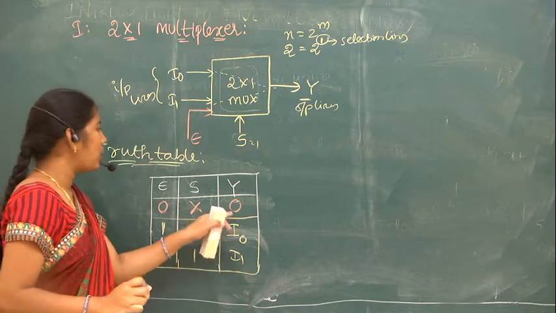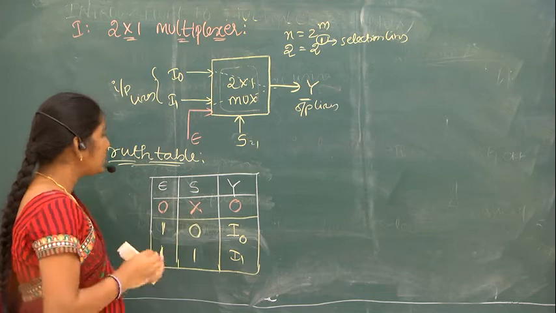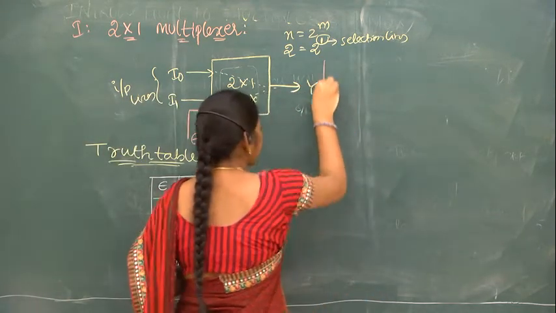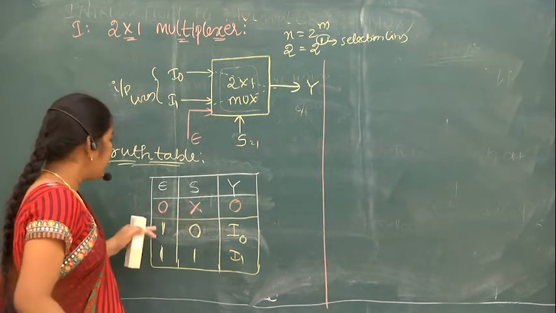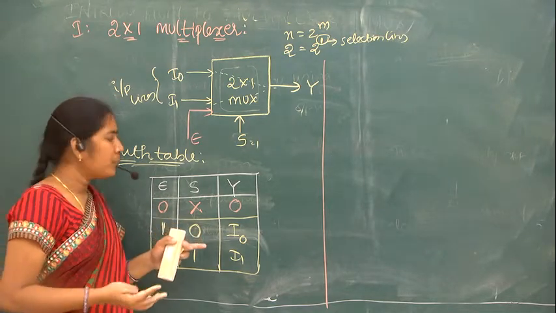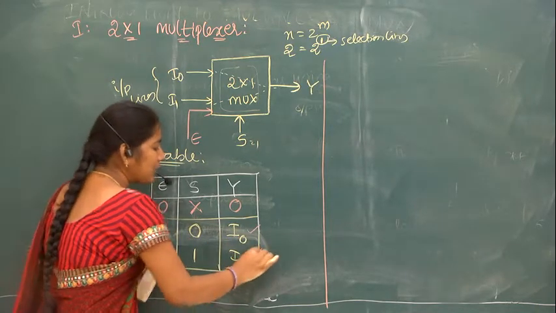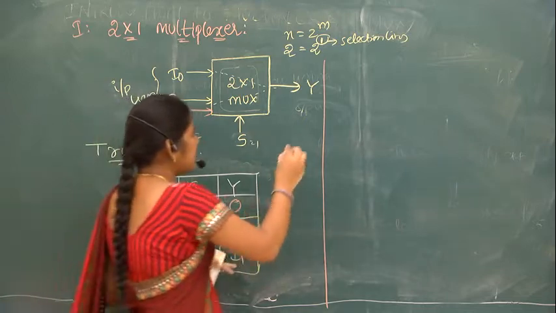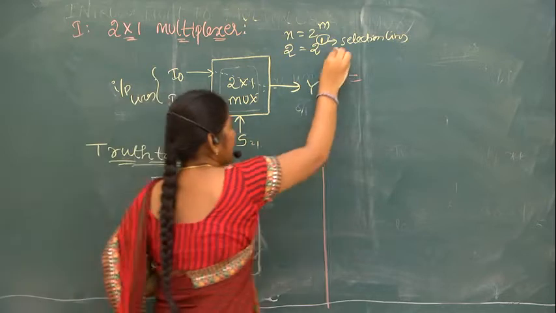Now I know the logic truth table for this mux. From this truth table, we need to find the logic diagram. When we are writing the logic expression, we'll always consider only the output values which are high. So I'll consider Y, this is the logic expression.